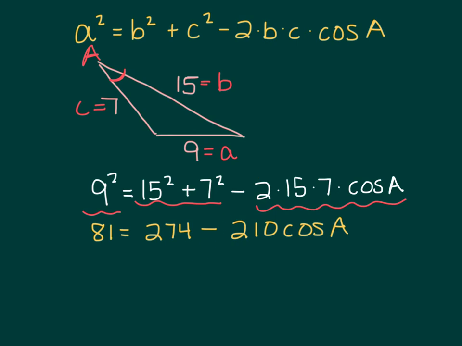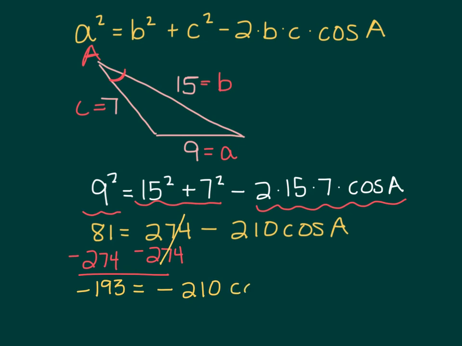What I can come along and do, though, is subtract 274 from each side. So here I get negative 193 equals, don't lose track of that negative sign, so there's negative 210 cosine A.